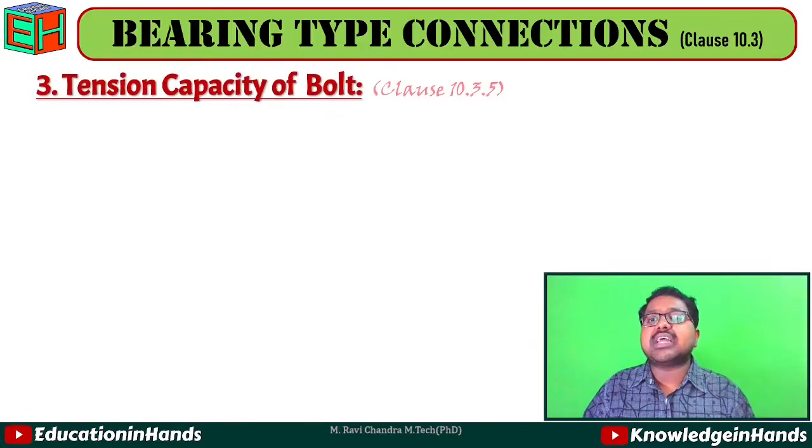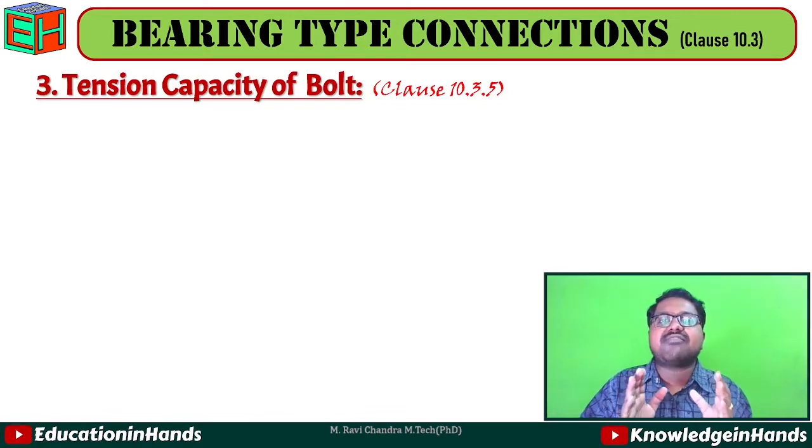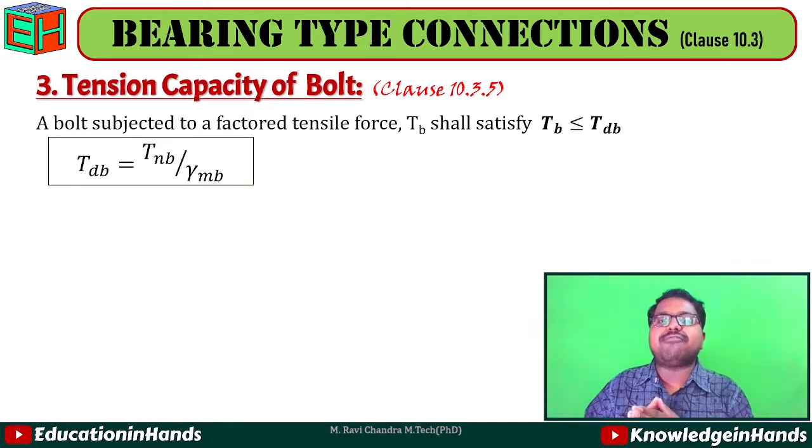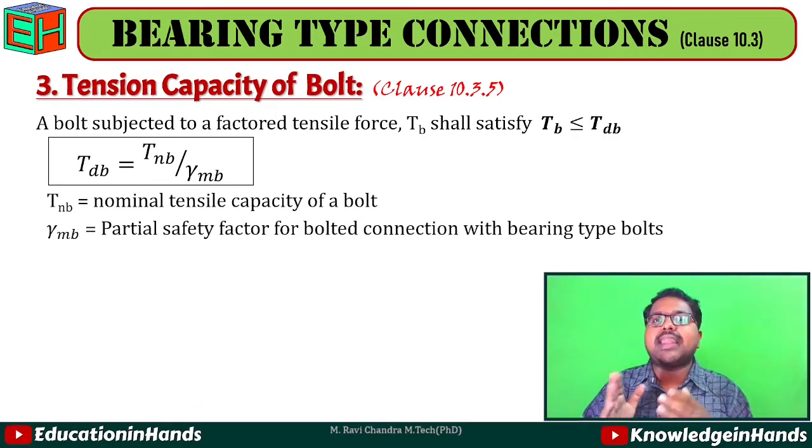Then the third one, tension capacity of the bolt. As per clause 10.3.5, a bolt subjected to a factored tensile force TB shall satisfy TB less than TDB, where TDB is the design bolt capacity in tension. So TDB equals TNB by gamma MB, where TNB is the nominal tensile capacity of the bolt, and gamma MB is the partial safety factor.